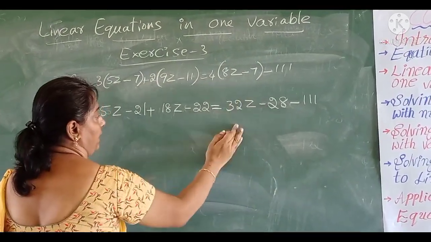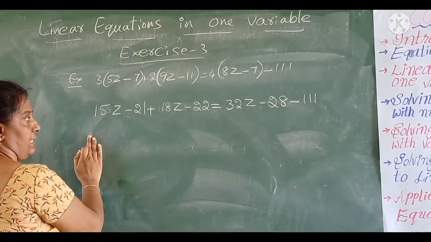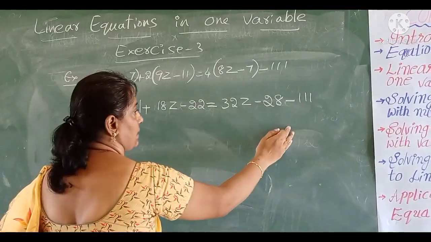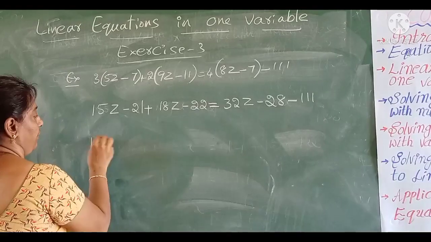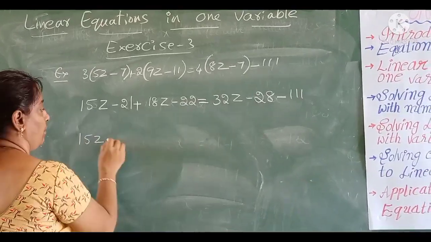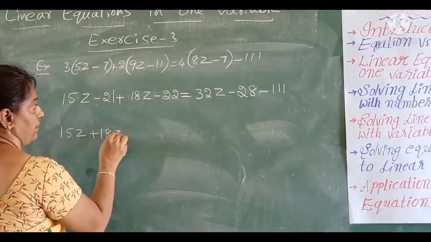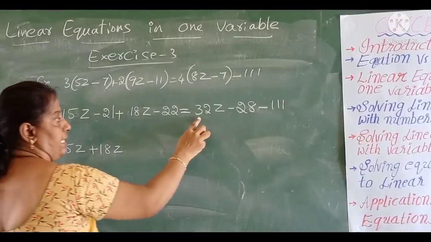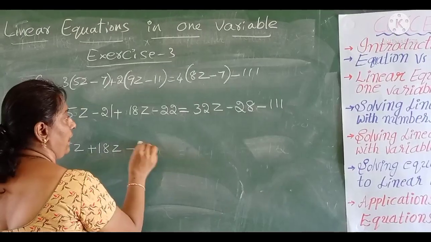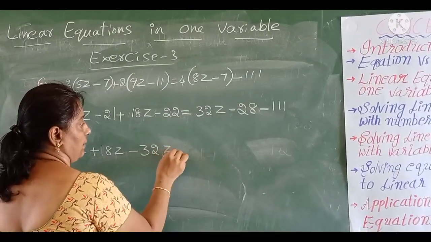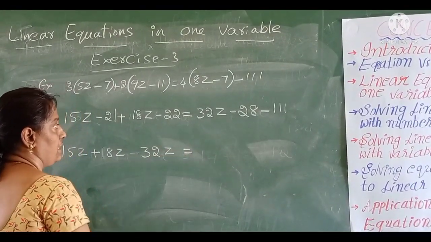Moving all the variables to the left hand side, moving all the constants to the right hand side. So variables on the left hand side, 15z and plus 18z, and on the right hand side is 32z. Moving to the left side, it will become negative 32z is equal to. So constants, what are they?